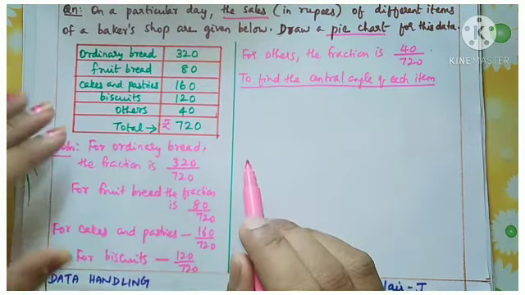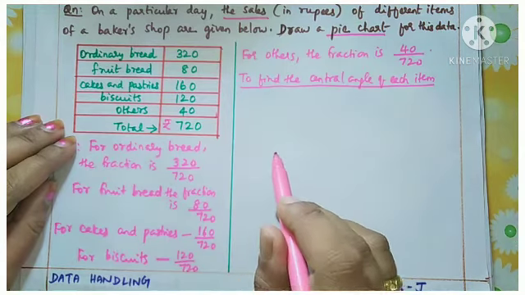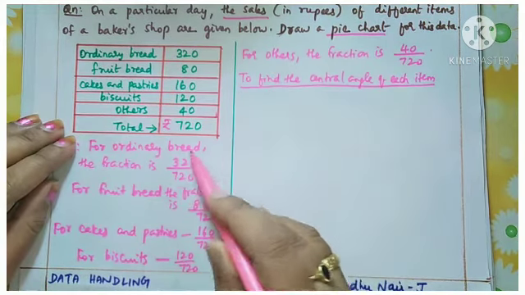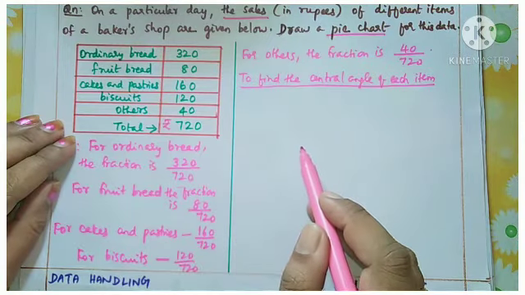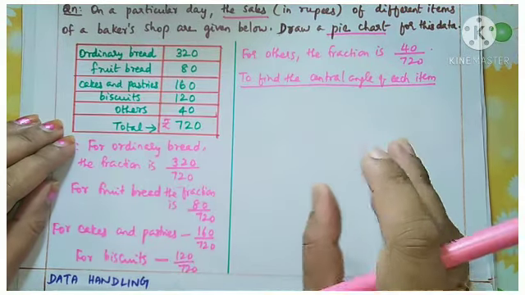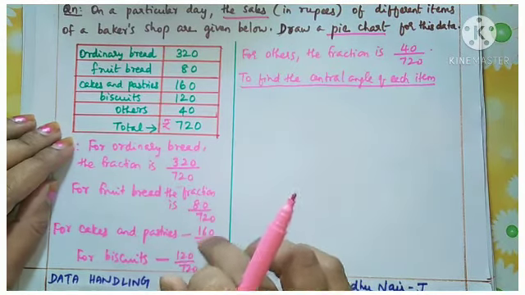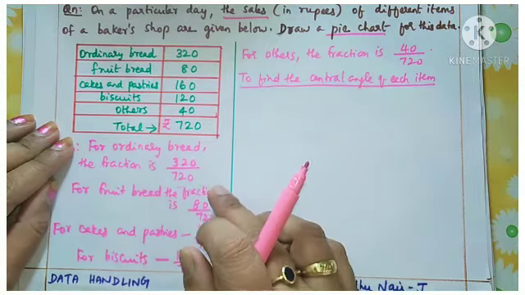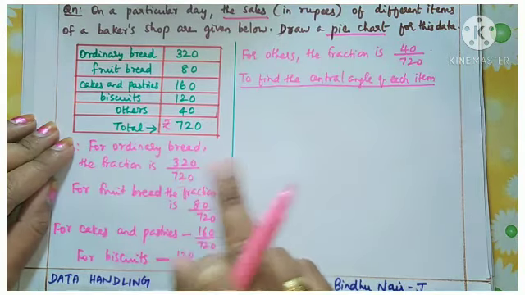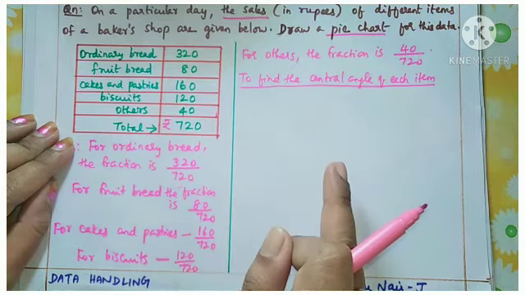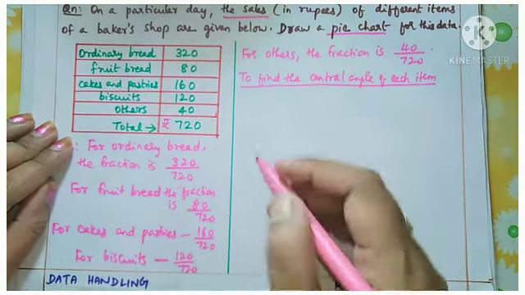Always whenever you find the angle of each sector, you want to multiply the fraction of the sector into 360 because the whole circle's part is this each item. So in order to find the central angle of each sector, you want to multiply this fraction into 360 degrees. Okay. So we will start with the ordinary bread.